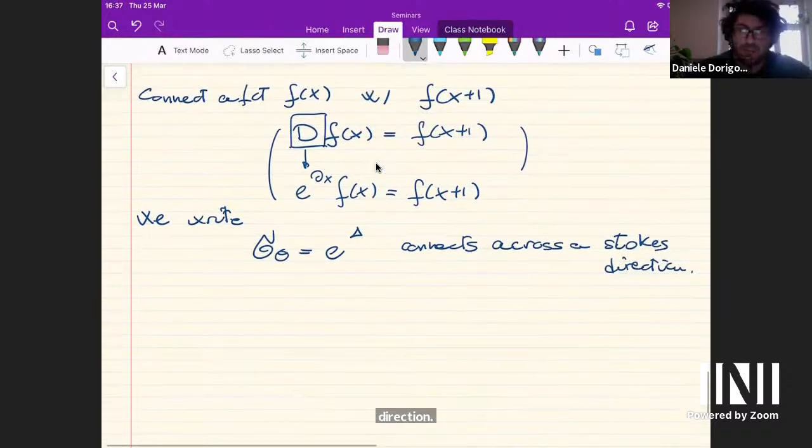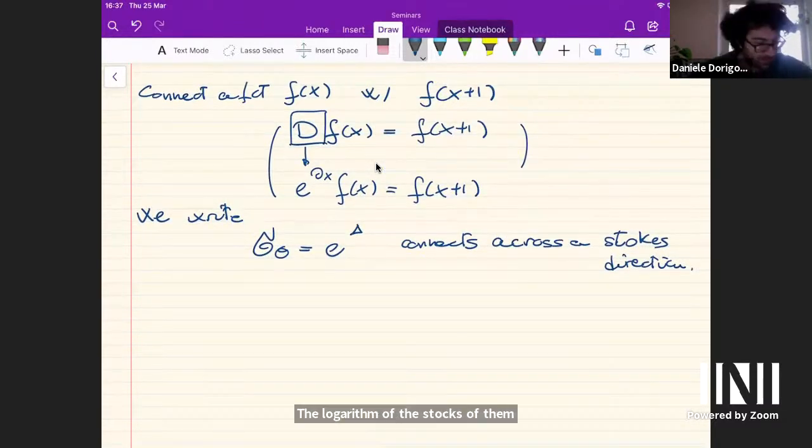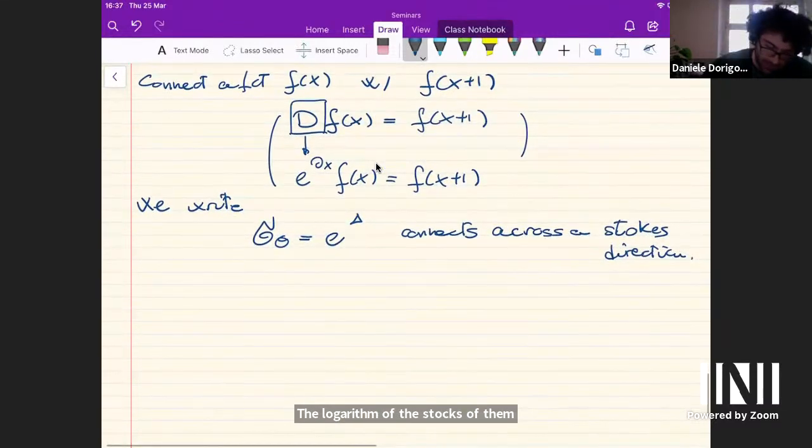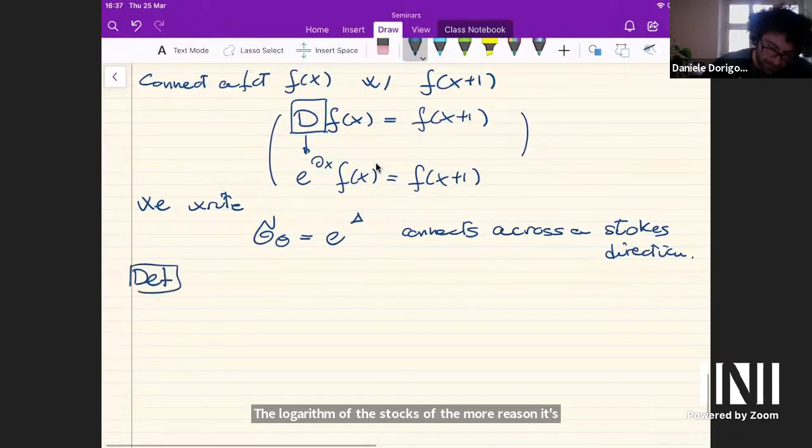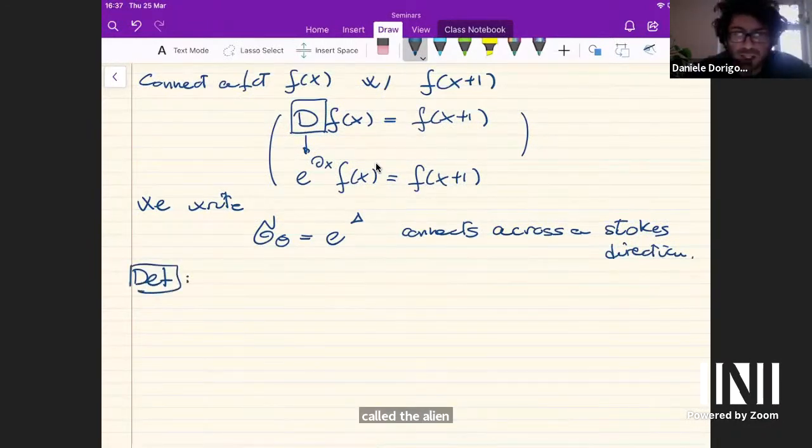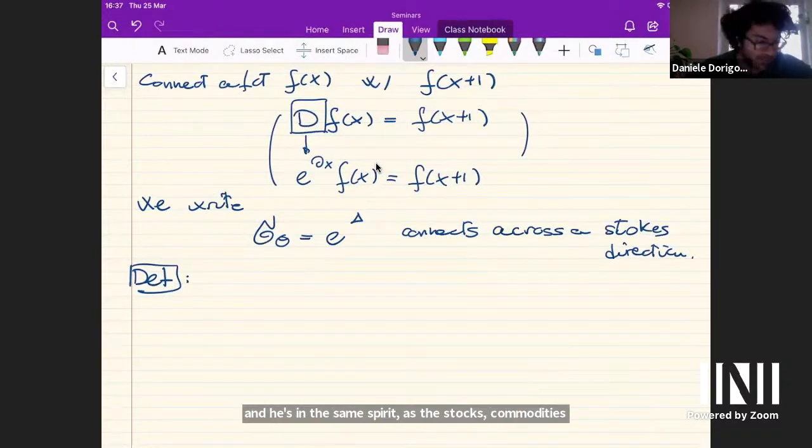The logarithm of the Stokes automorphism is called the alien derivative. And it's in the same spirit as the Stokes automorphism acting as a shift operator. The log of the shift operator is the standard derivative.